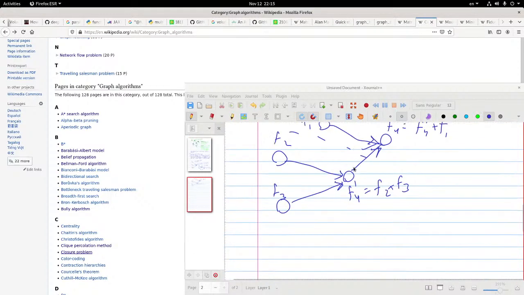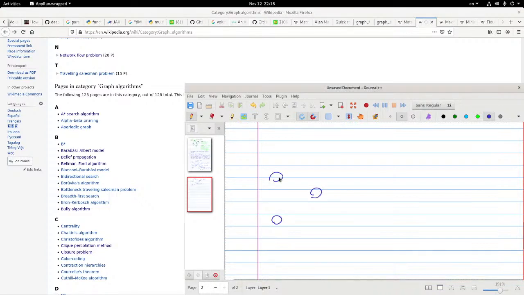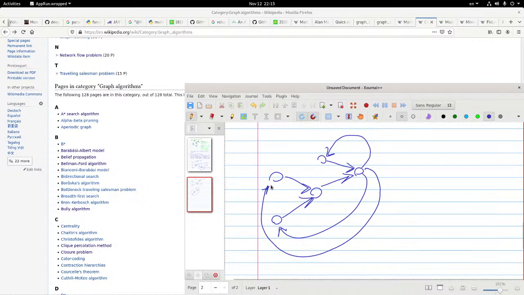So something else that I really haven't thought about a whole lot actually is cyclic graphs, right? Because I might have something like this, but then what if we have a cycle, which is very, very possible, right?